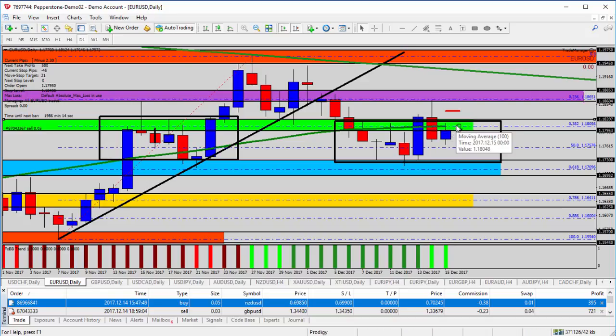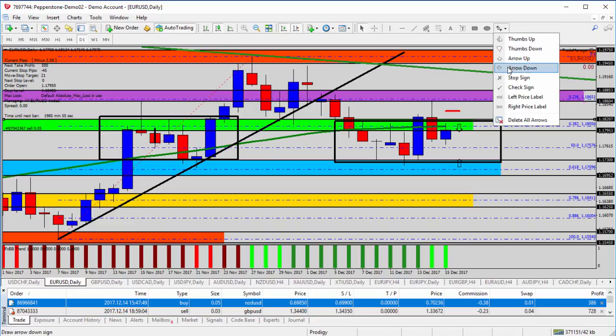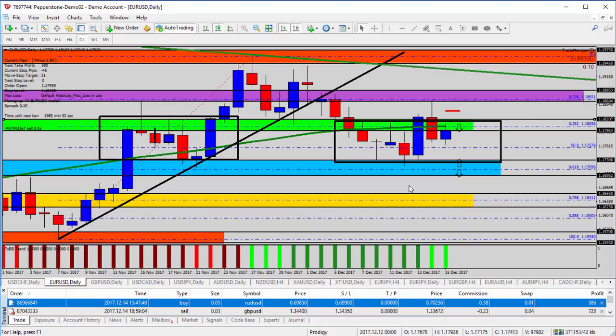So we have Fibonacci here, we have the green shaded area, we have the 100 period moving average. For the day, as long as it's underneath that, I don't think we want to go long and buy the euro. I think it's more likely we're looking for the short side, looking to target at minimum back to the blue zone. And of course, if ever it breaks that blue zone in the positive movement for the US dollar, we look for the breakdown and the continuation lower.